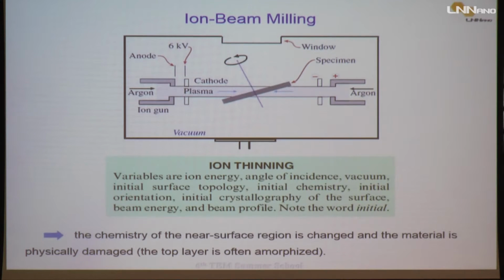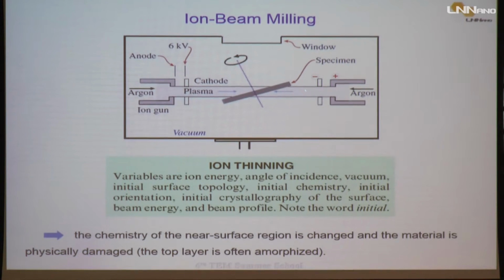By rotating, you may tilt your sample. We have two ion guns, one against the other, and you put your sample in the middle, okay? You put your sample tilted in a way that both sides of the sample will be polished at the same time, okay?